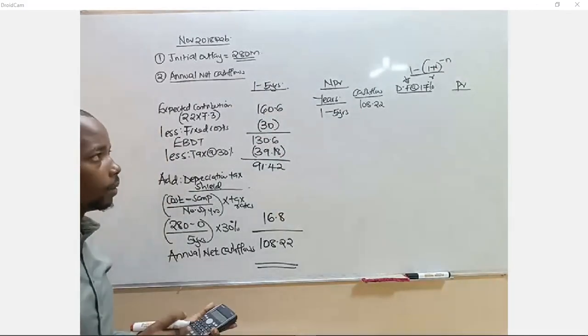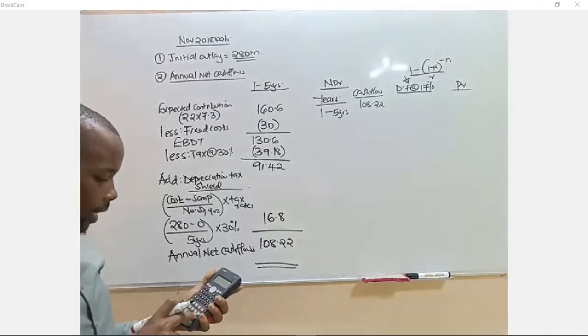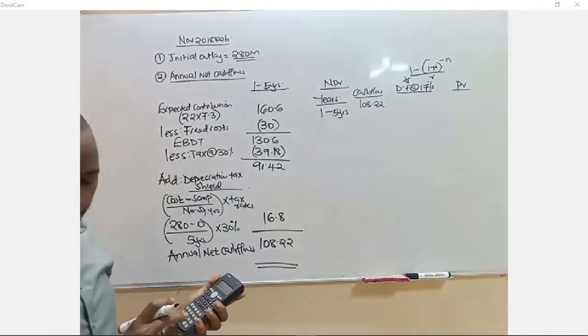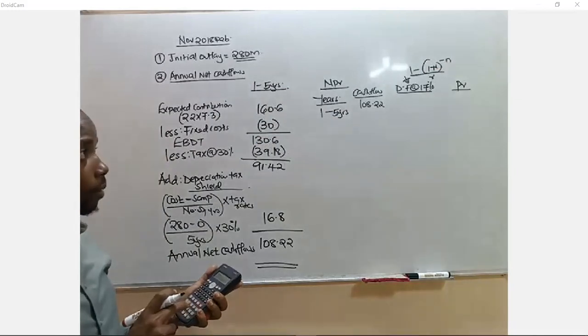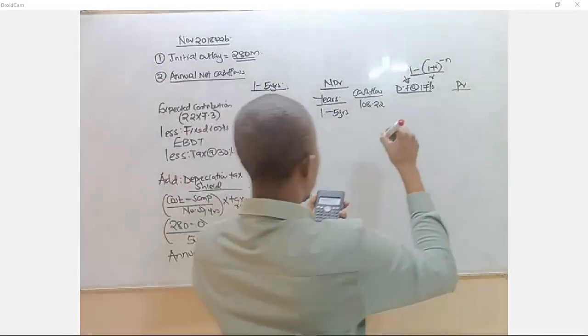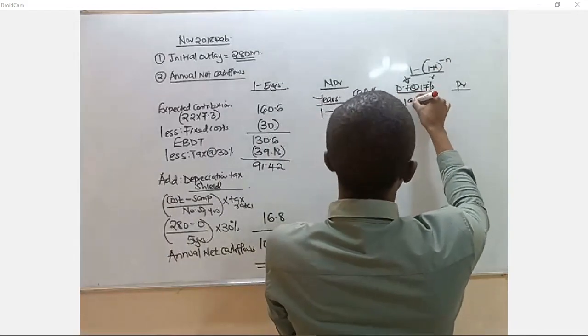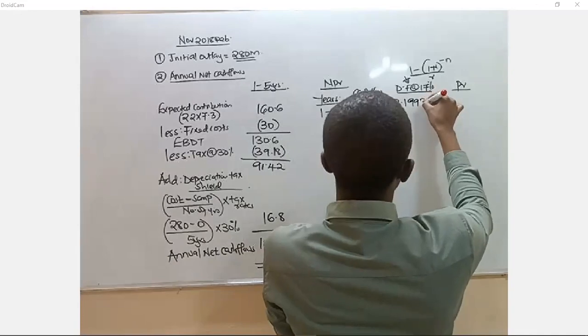Now, it will be 1.17. We raise it to negative 5, 1 minus the answer. Then we divide by 0.17. We are going to be getting 3.199. This should be 3.